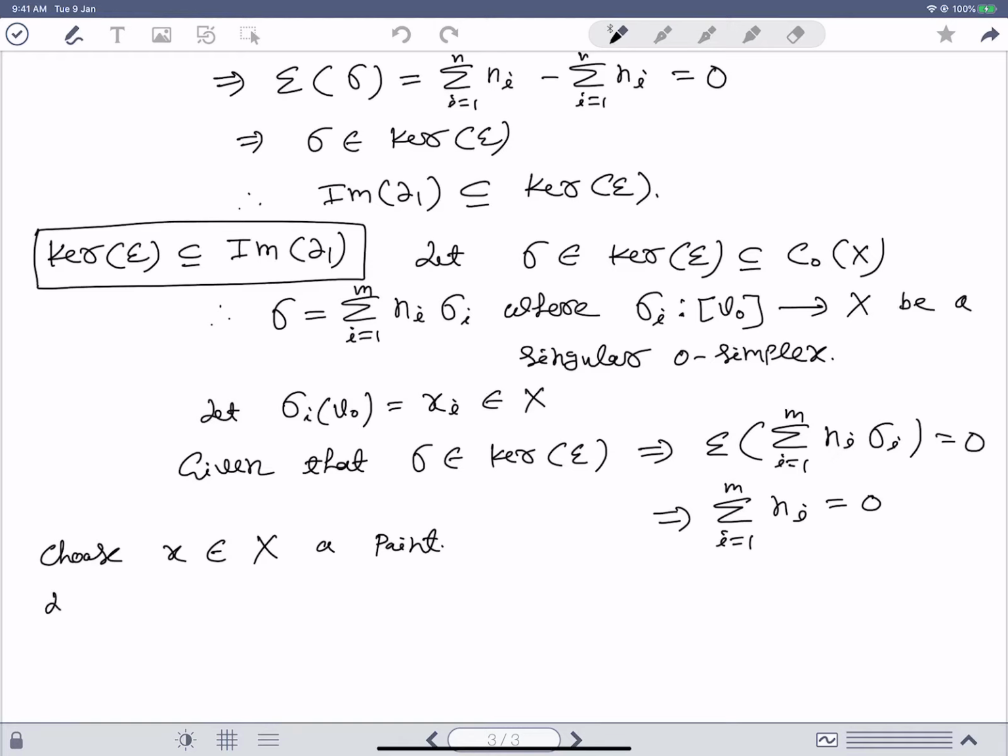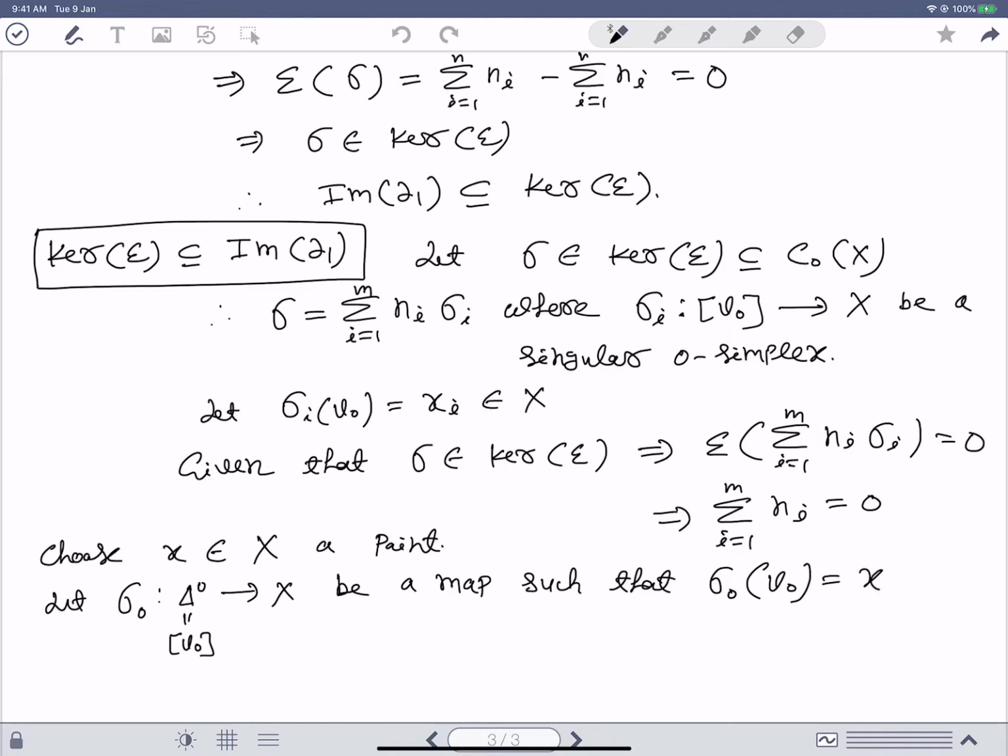Now let us define a map, say sigma 0 from delta 0, which is just, say, vertex v0, to X, a map such that sigma 0 of that v0 is equal to x.